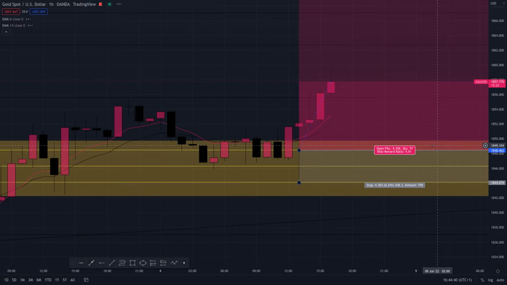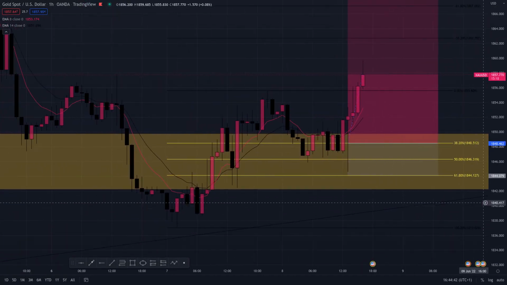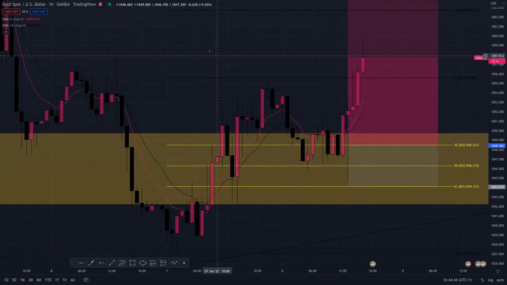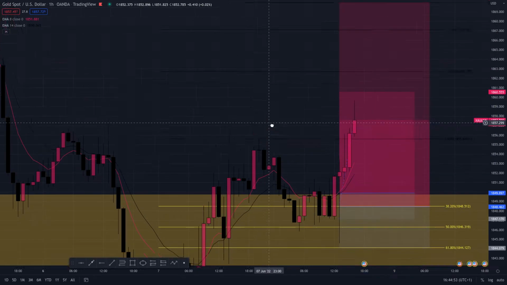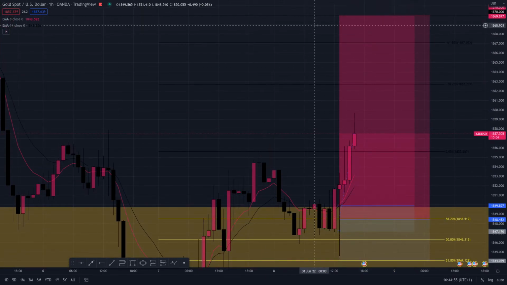If you go to the 1-hour time frame, I actually did take a trade. I took a trade about here, and I had a stop loss about here, and I had my take profit all the way up to 1870.